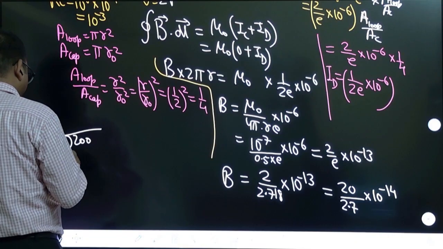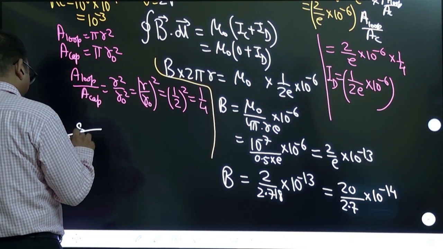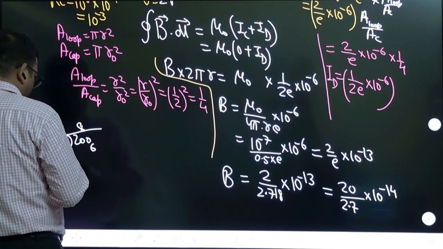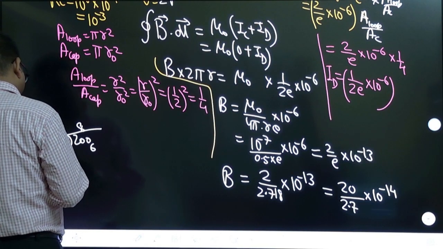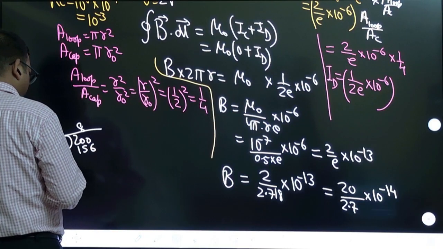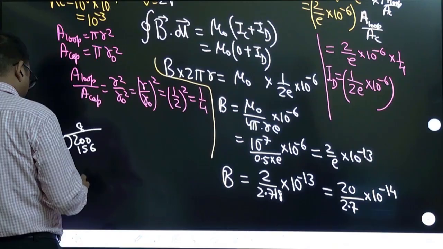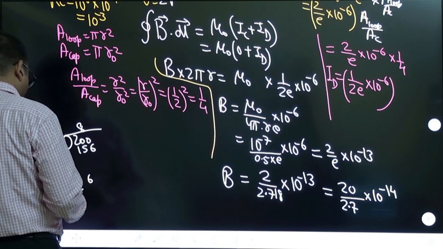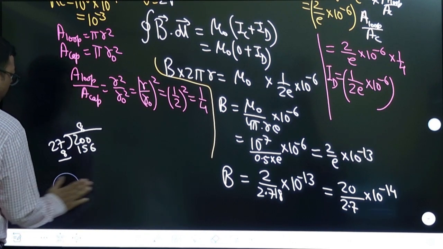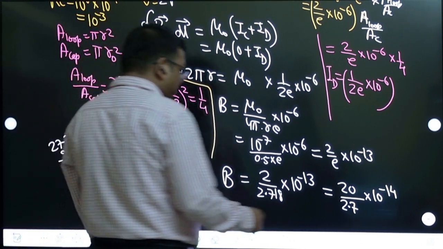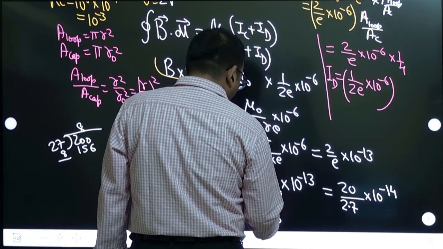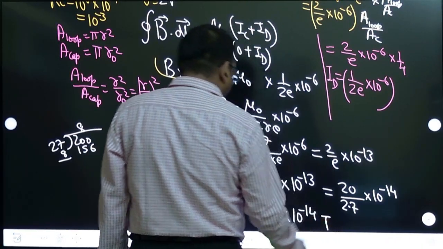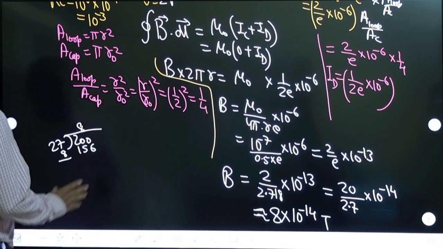Nearly I think it will come 8, right? 9 times, can it take? 9 into 7 is 63, 9 into 2 is 18 plus, no, it will become large. I think nearly this factor may come as 8. So approximately 8 into 10 to the power minus 14 Tesla, approximately. Check out this.